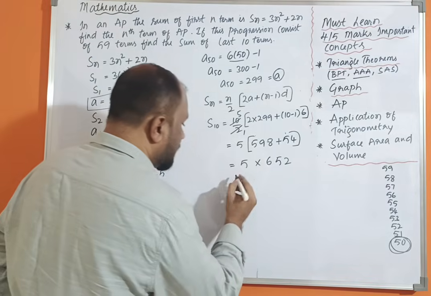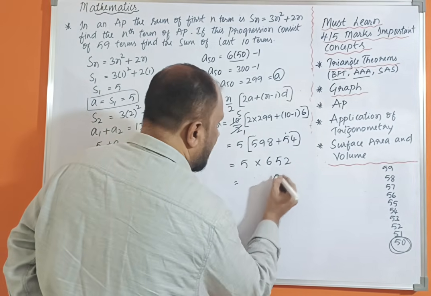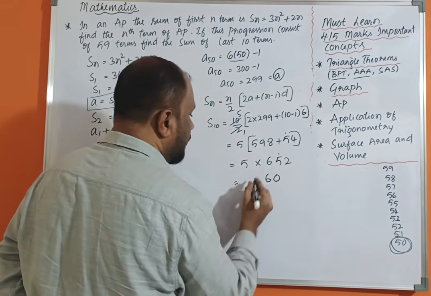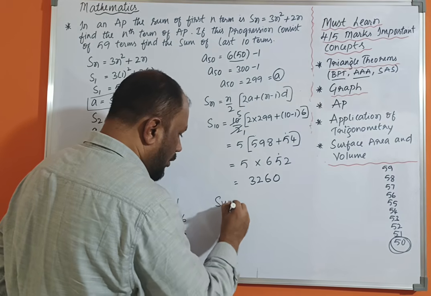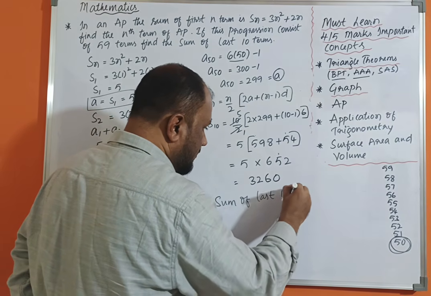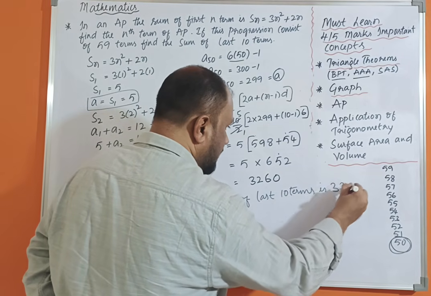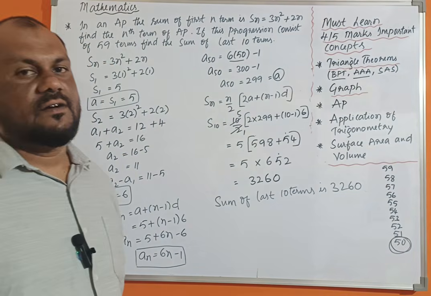Now multiply this by 5 to get S10. 5 twos are 10, carry 1. 5 5s are 25 plus 1, 26, carry 2. 30, 32. So the sum of last 10 terms is 3260.